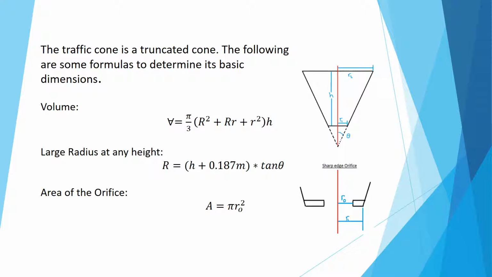For the large radius at any height, it can be found by the height of the truncated cone plus 0.187, which is the value from the inner radius of the truncated cone down to the theoretical tip of the cone, times the tangent of theta. For the area of the orifice, it is equal to pi times the orifice radius squared.